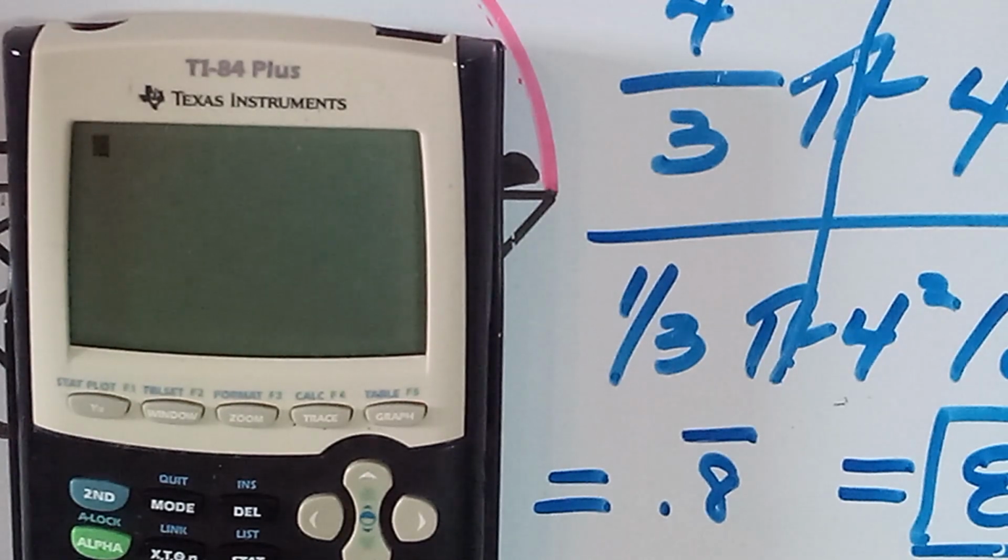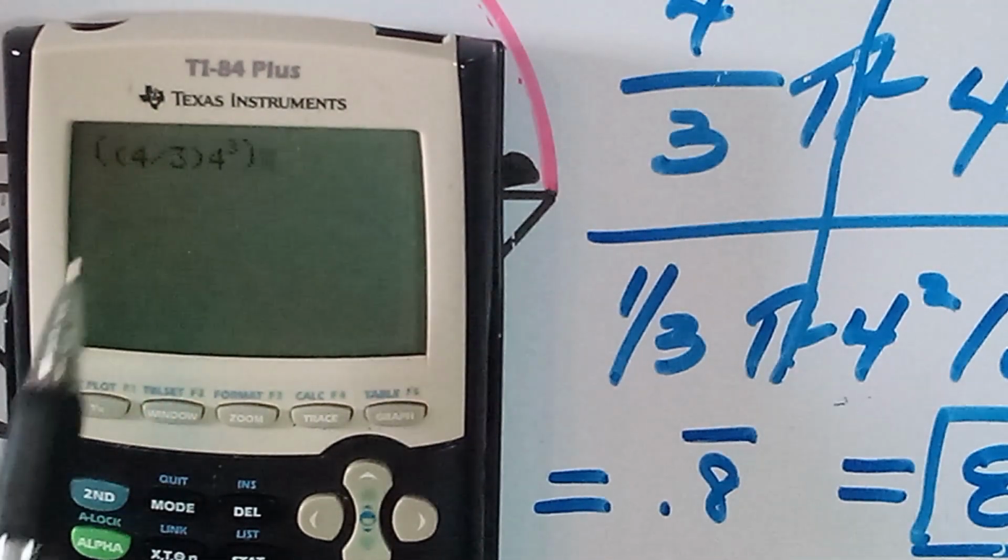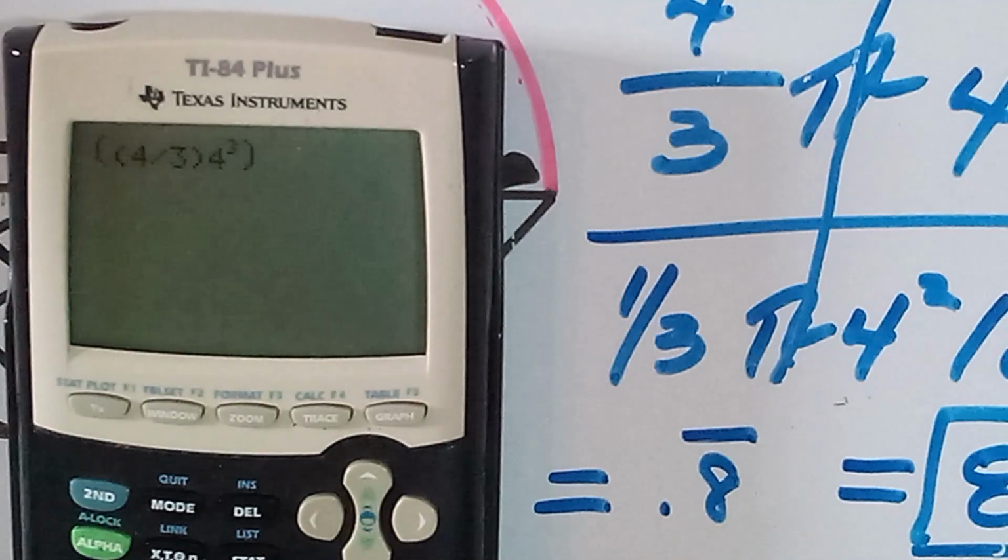I have 4/3 times 4 cubed. Notice the parentheses I've done here. I cannot omit the parentheses around 4/3. Otherwise, I have the same problem as I just discussed.